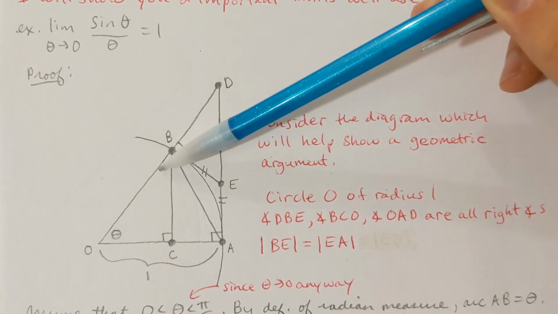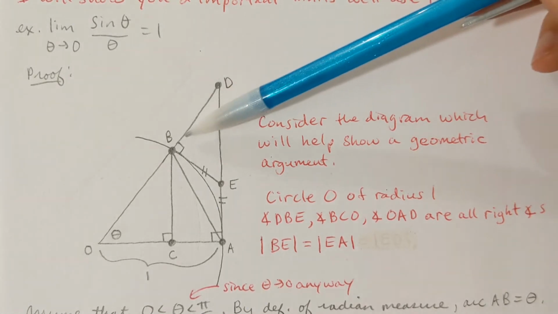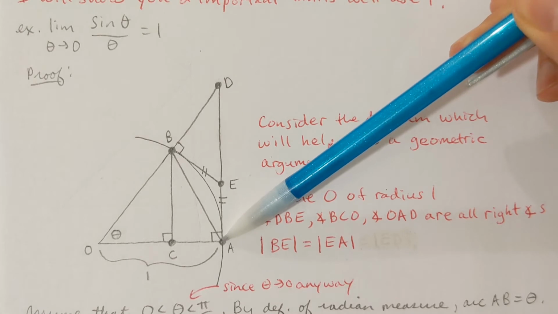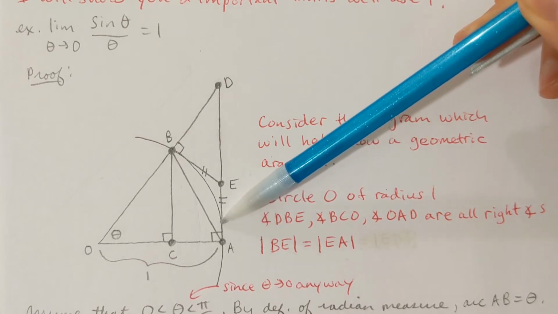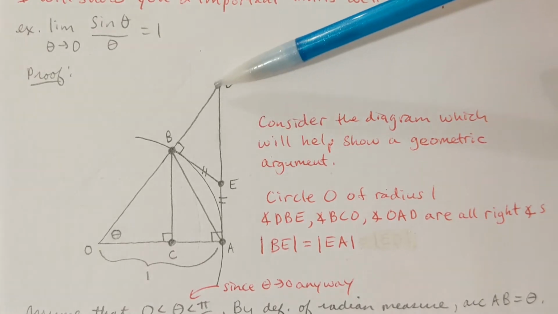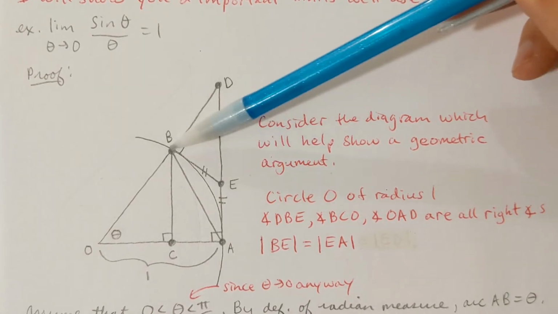Okay. Now I mentioned that I'm drawing a line from O to B, but I'm extending that to a point which I'll call point D, and let me also extend the line that is AE past, and where those two lines meet, I'm calling that point D. Okay, now line BE is a tangent line.